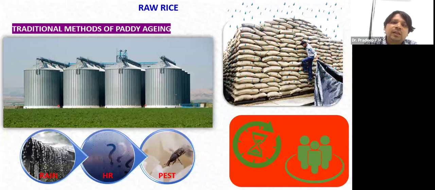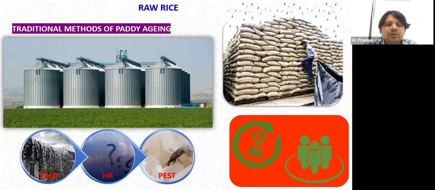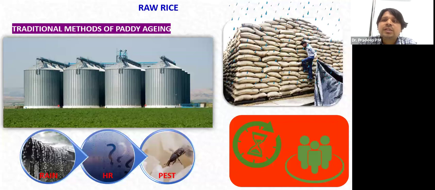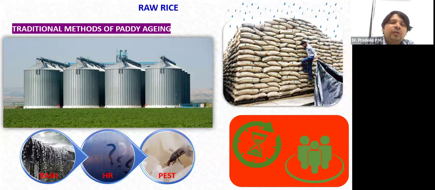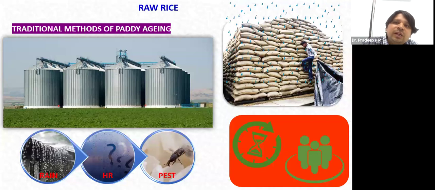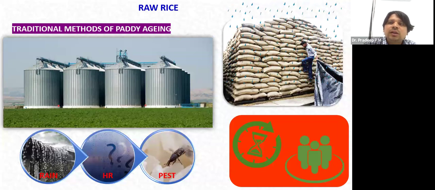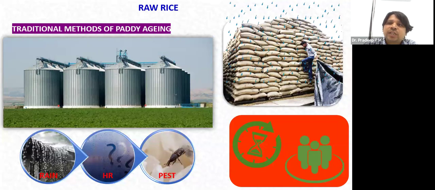When it is kept outside, we have to invest in labor and there is a lot of time involved. We can imagine 6 months to 1 year, we have to keep the paddy in a definite place, without infestation or environmental factors getting in, which is more challenging.